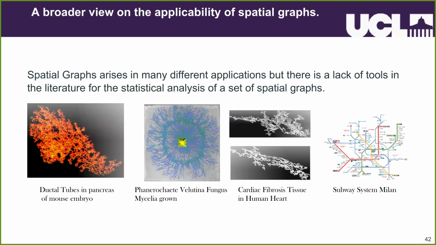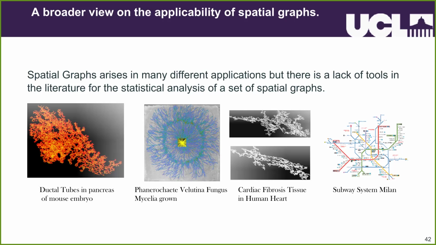But what I want to say, in concluding with a more general thought, is that I think these spatial graphs are really everywhere. There are many, many different data types that can be described thanks to a skeletonization procedure, or just naturally as they are defined and constructed, that can be studied as a spatial graph.